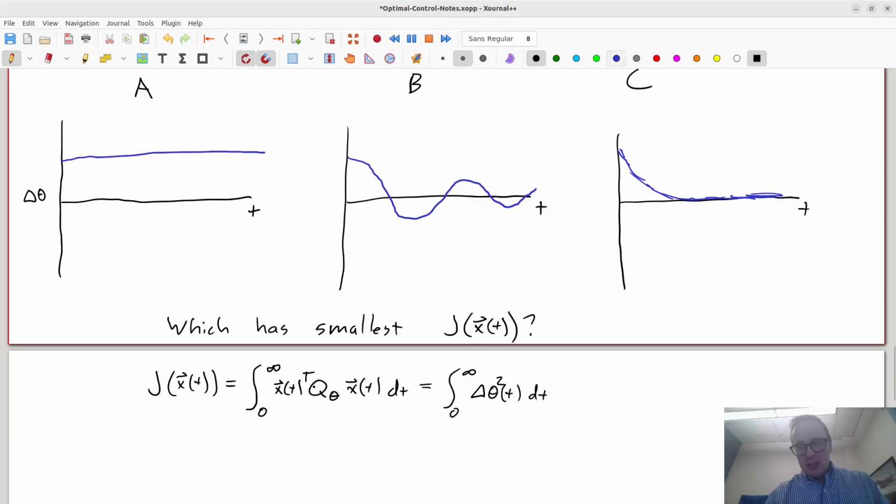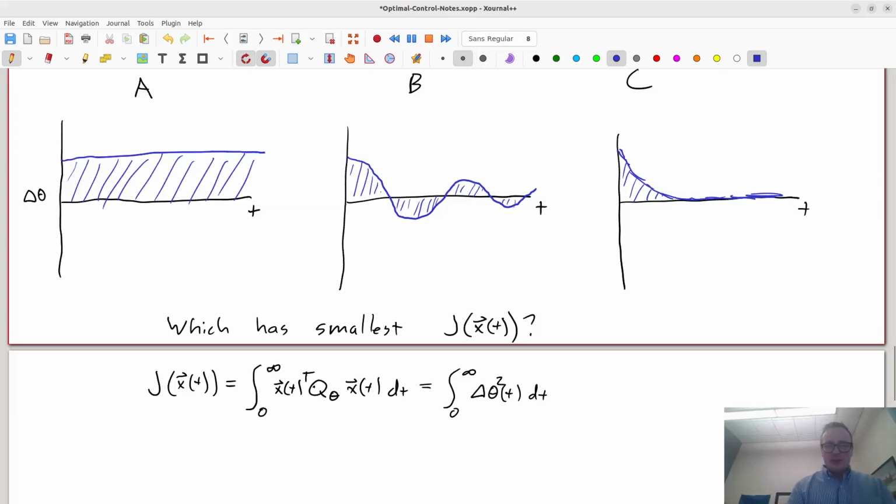So you can think of this as, like I said, not quite the area under the curve, but we can look at the areas under the curve to kind of guess at what they might be, right? A has this long sustained constant offset, so it's going to have a very large squared area under the curve. Whereas B, the area is definitely smaller, but still significant. And in C, it's definitely the smallest.